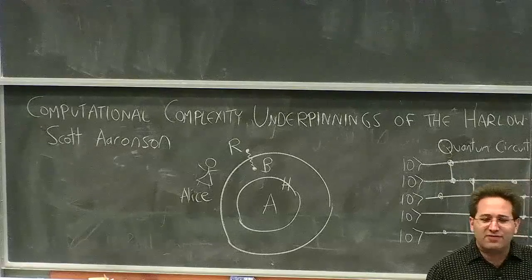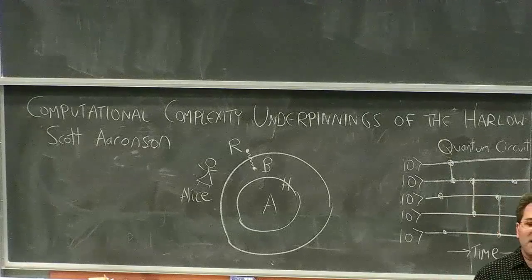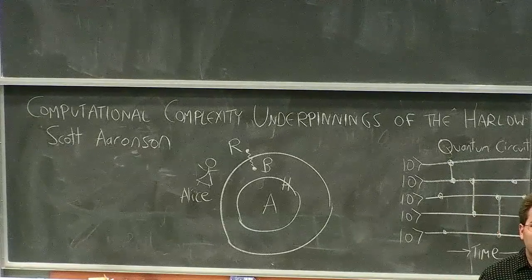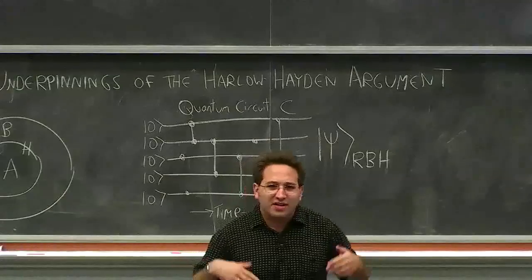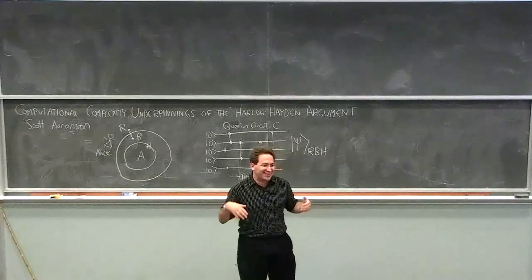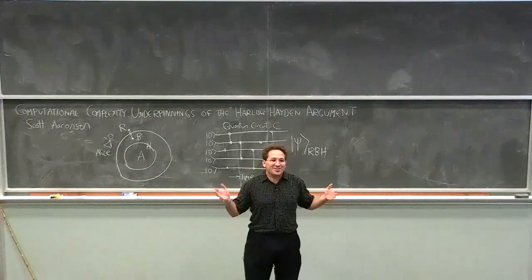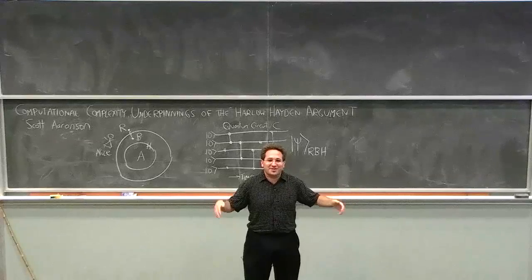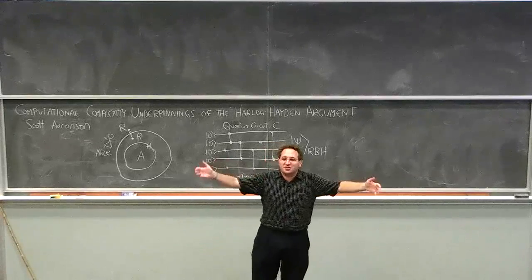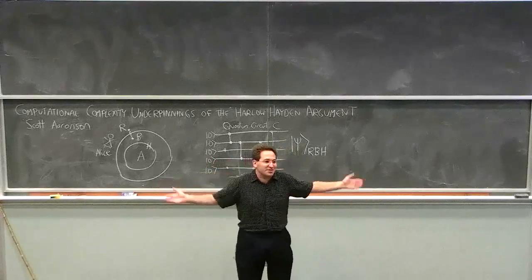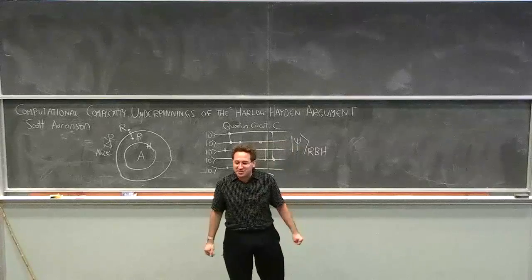Obviously, how much time Alice needs to measure a particular operator is an engineering detail. It has nothing to do with the real structure of the Hilbert space, which is the thing that really interests us. That's one position you could take.